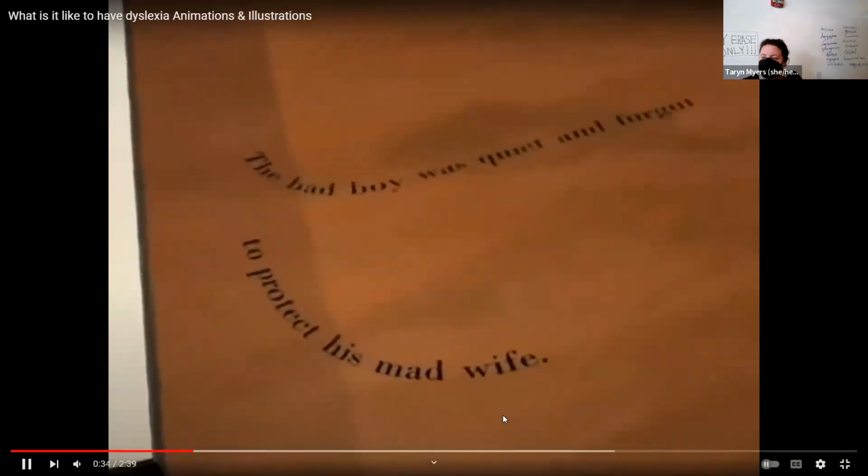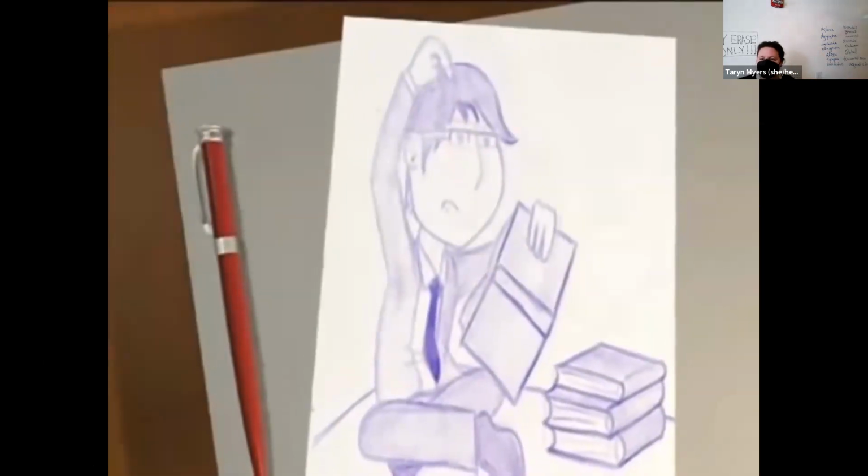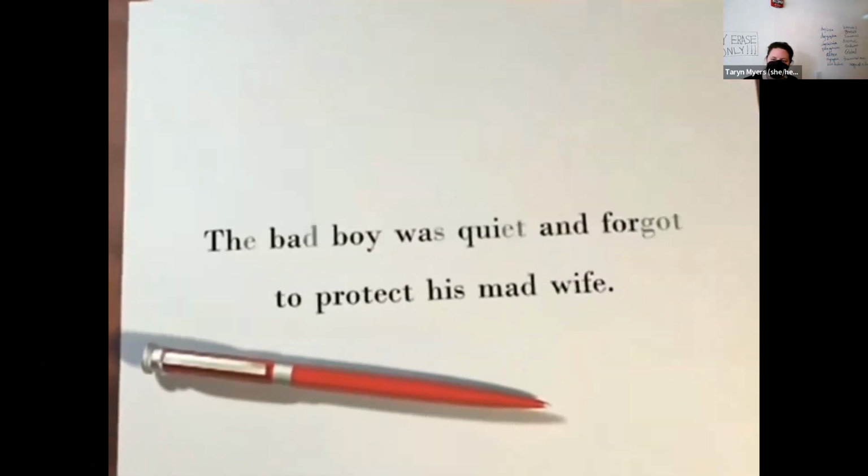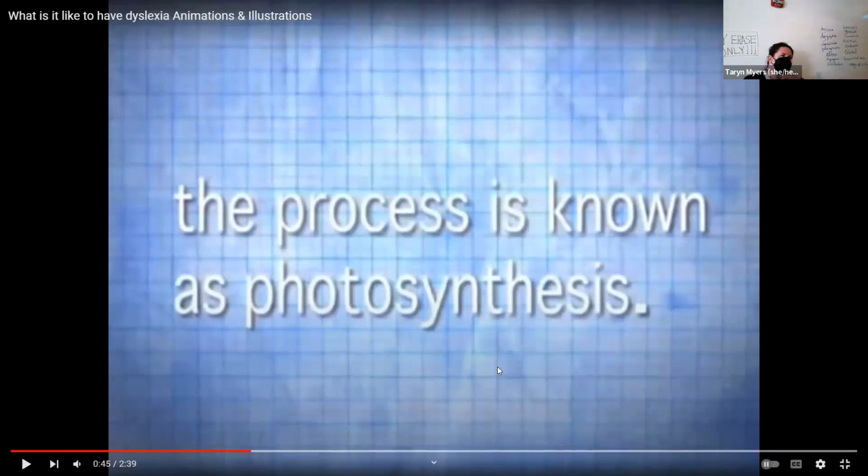Again, some people will feel like the words move on the page or the words run off the page. And again, just like positional dyslexia, for some people it'll look like things are flickering and it's hard to focus on it.